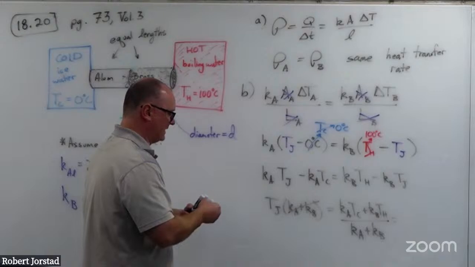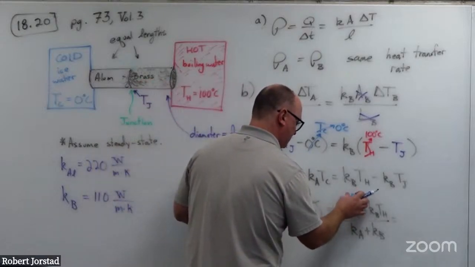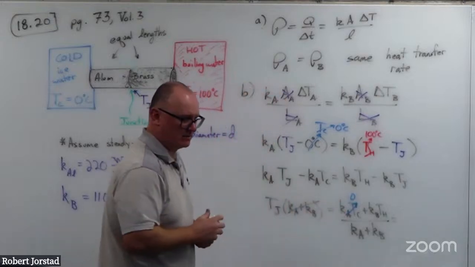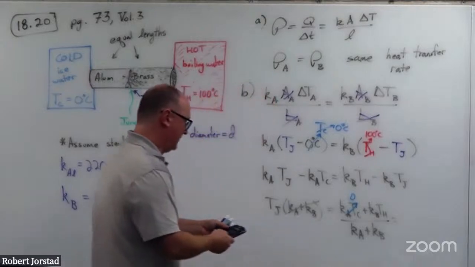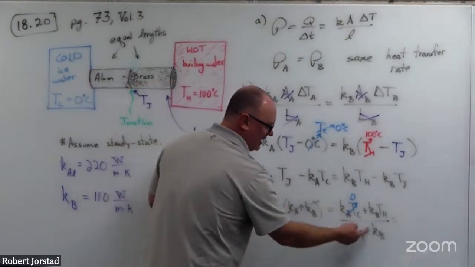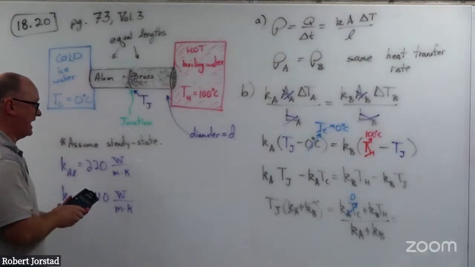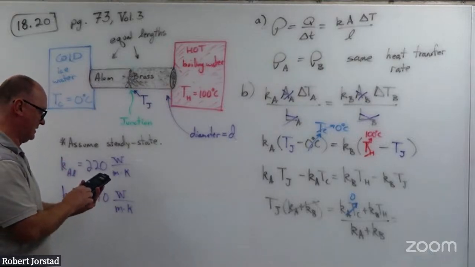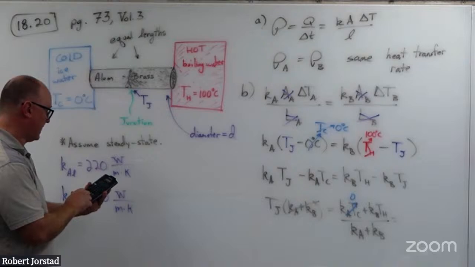When we plug in the numbers, this one goes to 0. And then you punch in some numbers here. I can tell that the units on Kb are going to drop out. So let's see, brass is 110 times T hot, which is 100, divided by the quantity Ka, which is 220, plus K brass, which is 110.